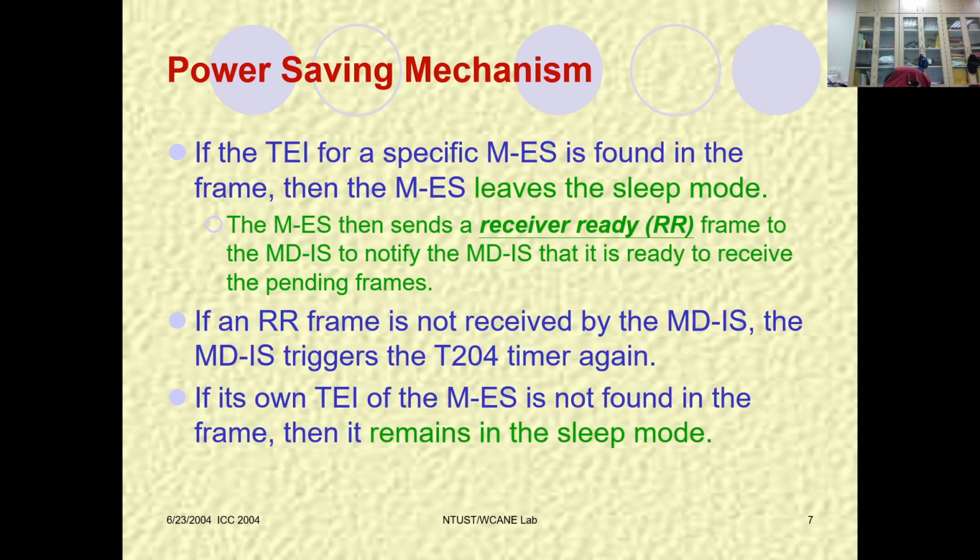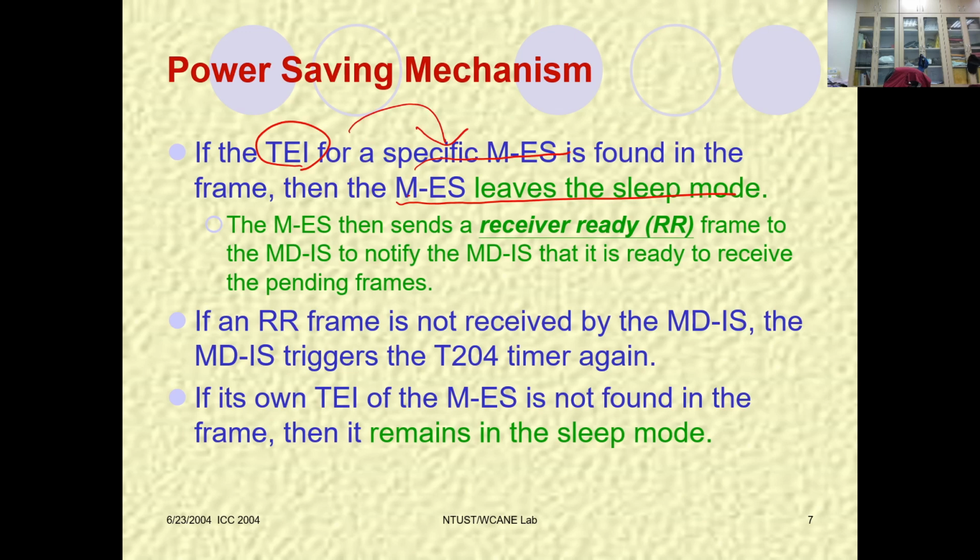Well, because of TEI, the TEI for a specific MES can be found. If it can be found, then the MES needs to leave the sleep mode. So TEI is a list containing a specific one, and then that specific one needs to leave the sleep mode.